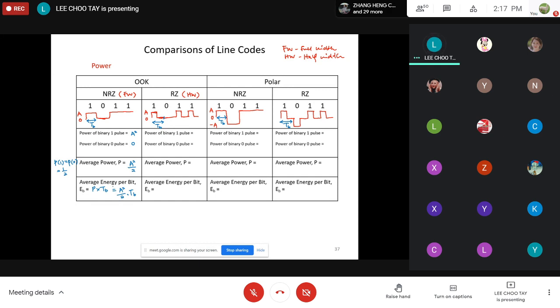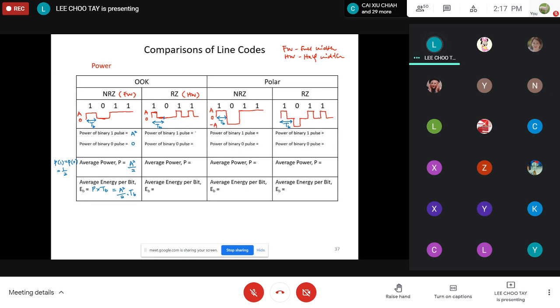Then let's move on to return to 0. If we transmit the on-off keying pulses with the return to 0 format, then what is the power when we actually transmit a binary 1 pulse?